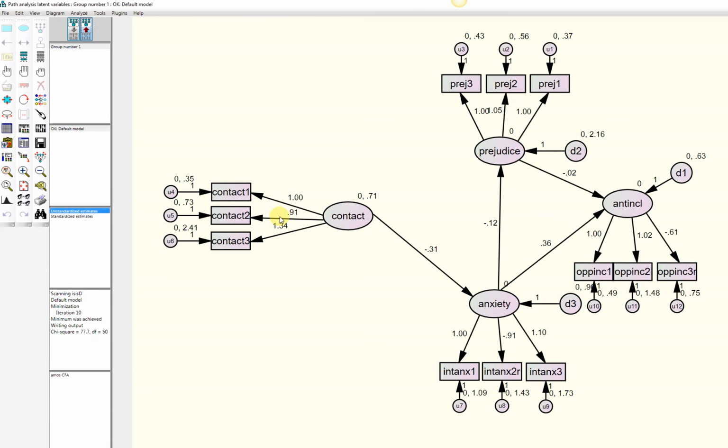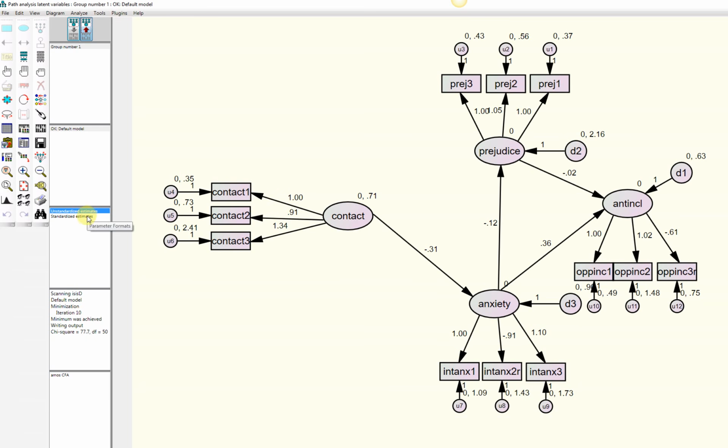As I said in the previous video on confirmatory factor analysis, I'd set the scale of my latent variables in relation to one of the indicator variables, and so the paths that were fixed to one are not being estimated, whereas the remaining paths are being estimated.